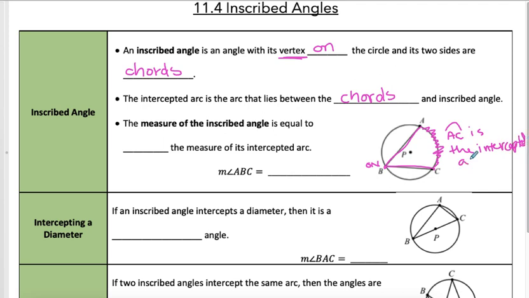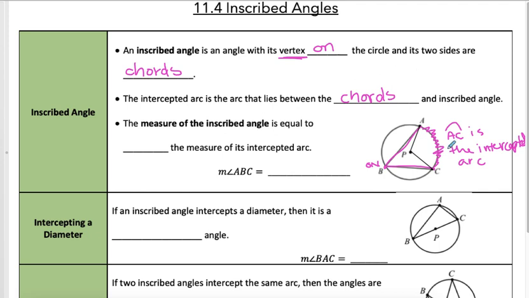The way we find the measure here isn't going to be the same as our central angle. If I drew in the central angle, the vertex is the center of the circle for a central angle.